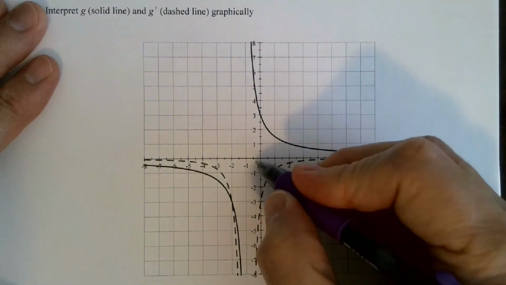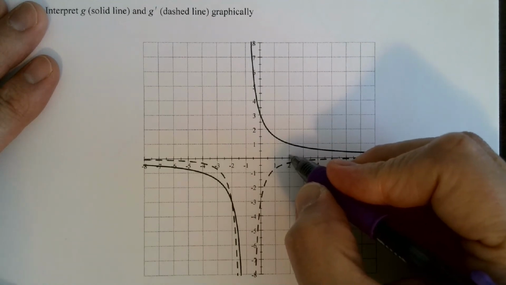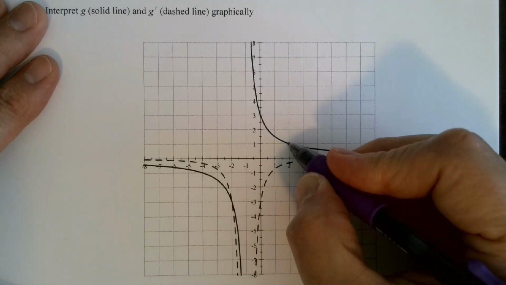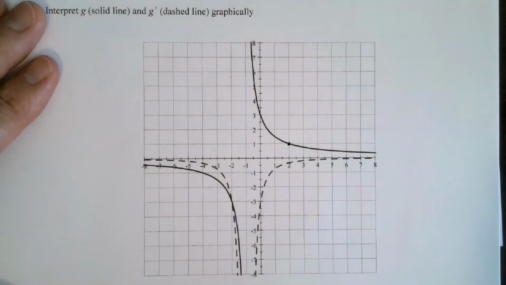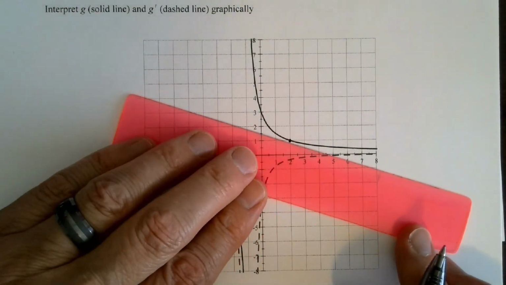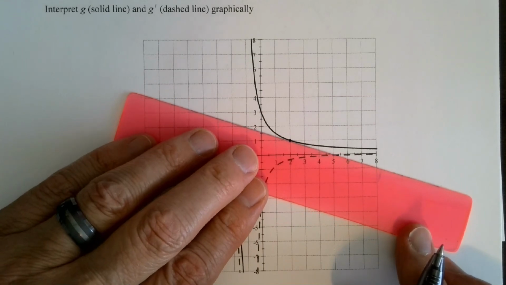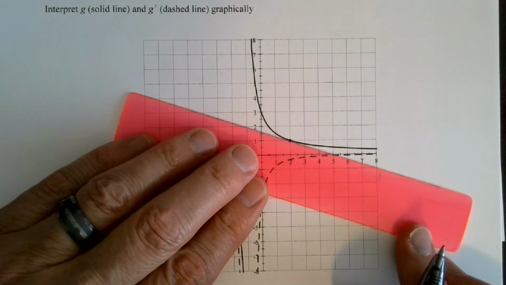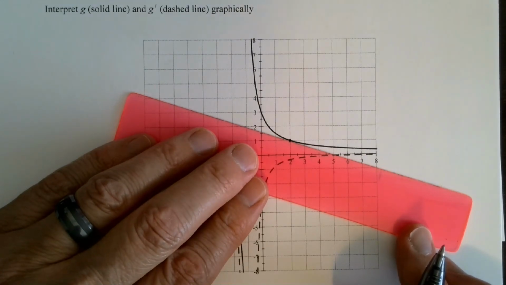But let's just see, at 2, right? Think about, here's the graph of the function g, the solid line. At that point, what's the slope of the tangent line? If I try and draw and sketch it, we can see that it is about negative what?